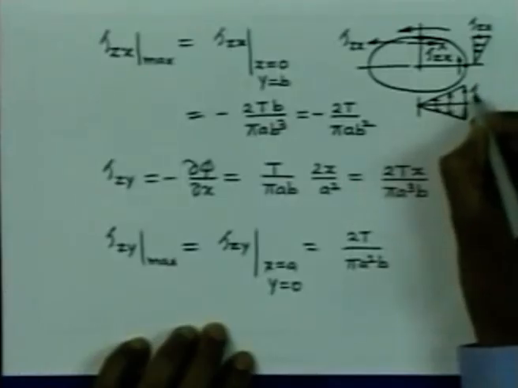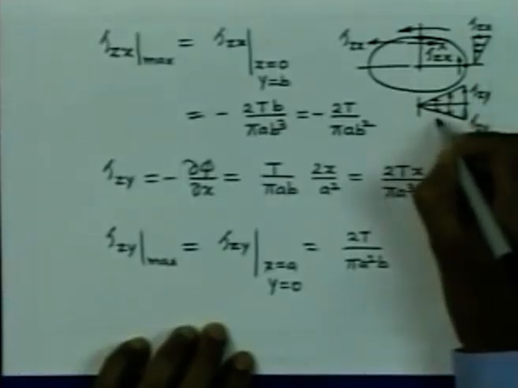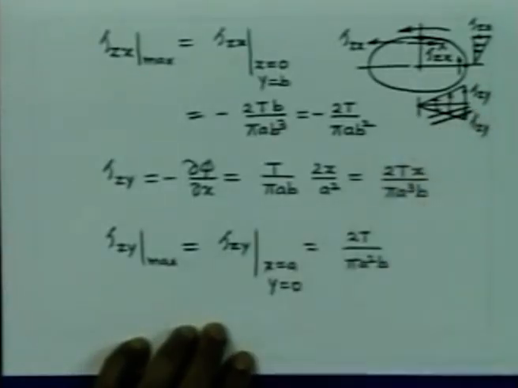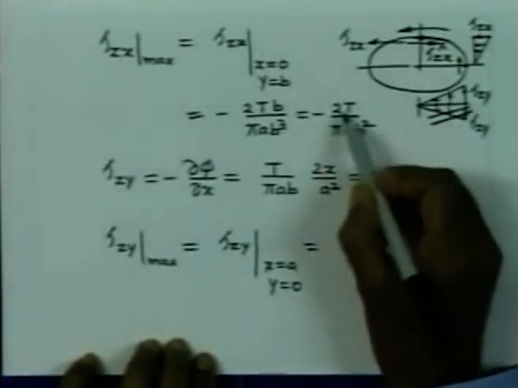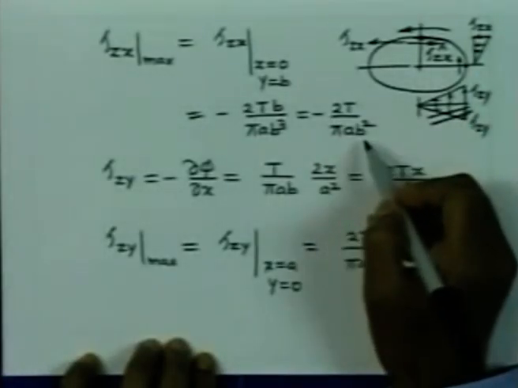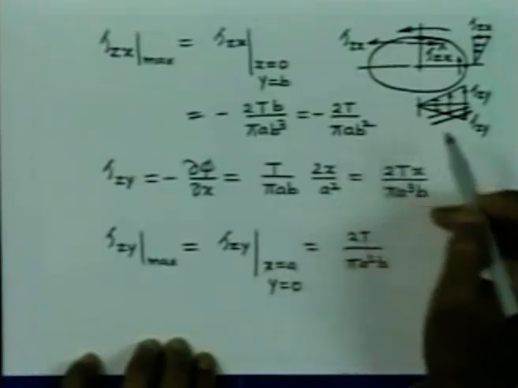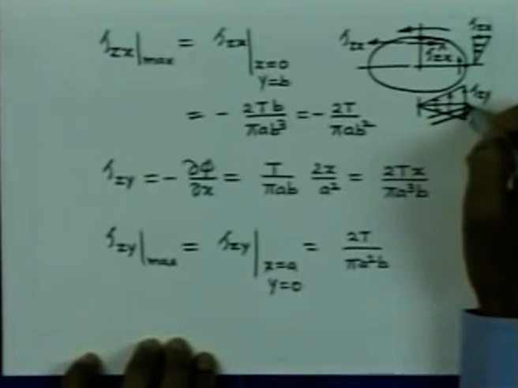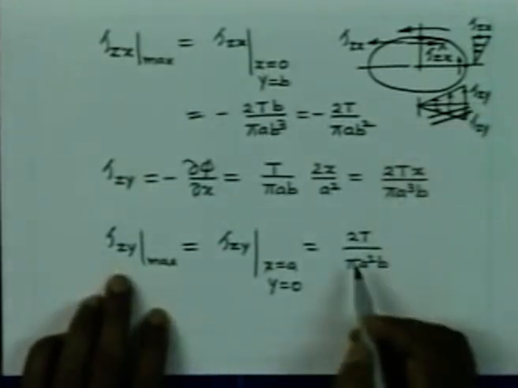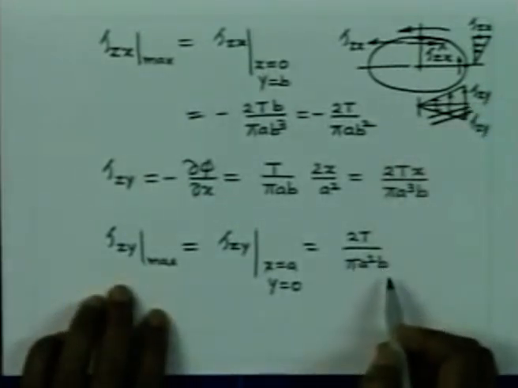So, you can show them to be tau zy rather than this. Now, the magnitude of the maximum stress here is given by 2T by pi a b square, and the magnitude of the maximum stress here is given by 2T by pi a square b.